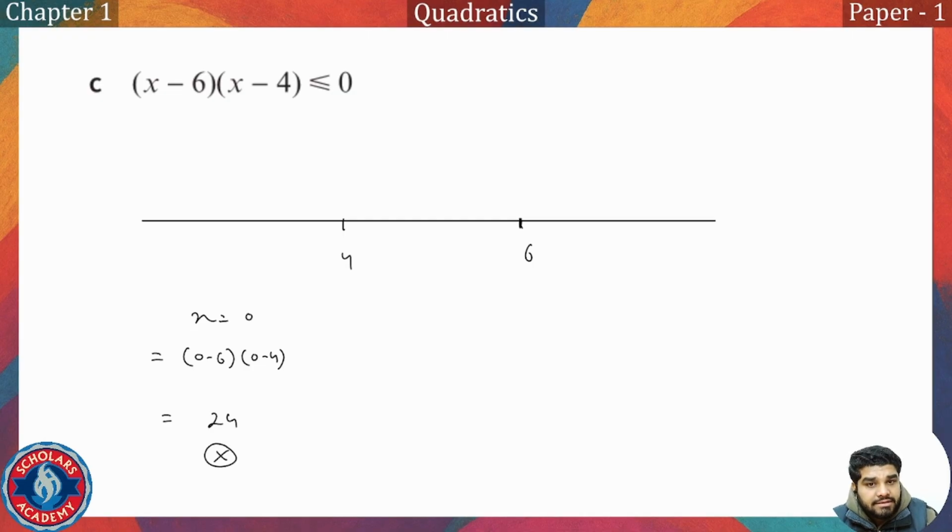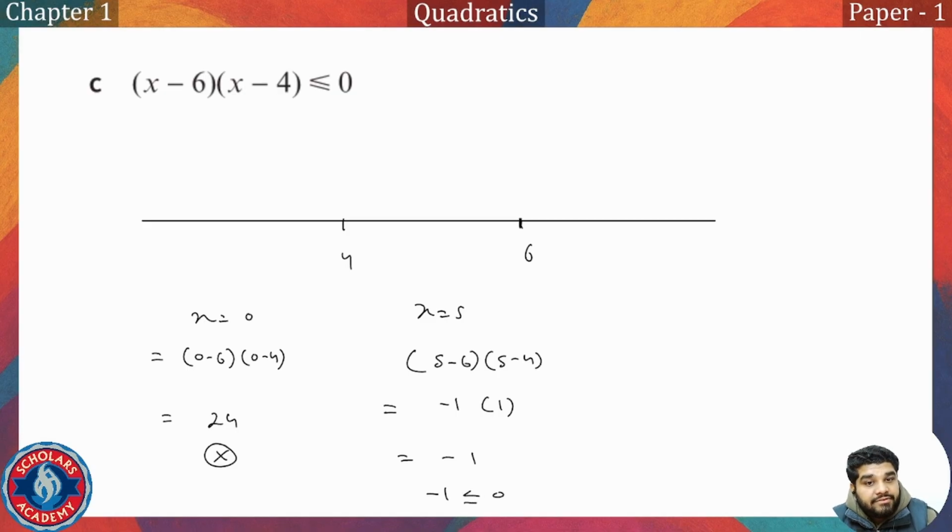If I take 5, which is in between 4 and 6, what I get is (5 - 6) times (5 - 4). So this gives us negative 1 and positive 1, that is negative 1, which is actually less than 0, right?